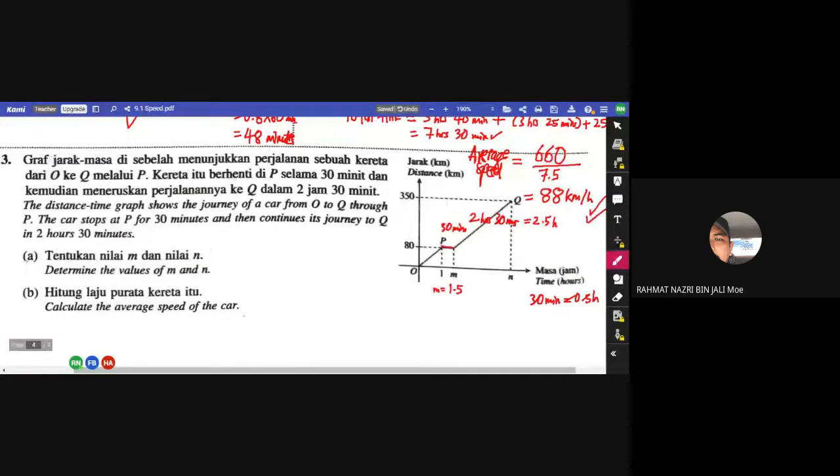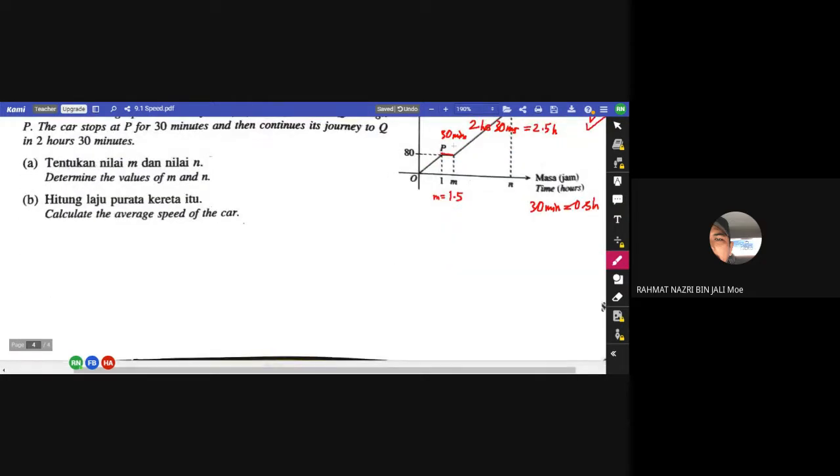Question A, determine the values M and N. Okay, we know that. Kita dah settle tadi. The car stops at P for 30 minutes, which is equal to 0.5 hour. So the calculation for A: M is equal to 1 hour plus 30 minutes.